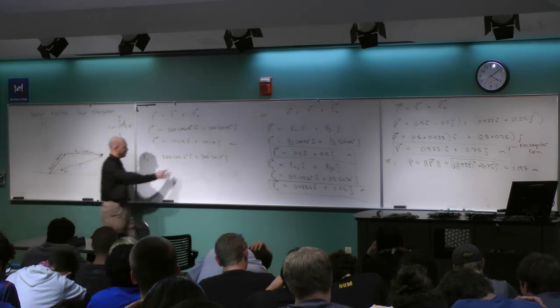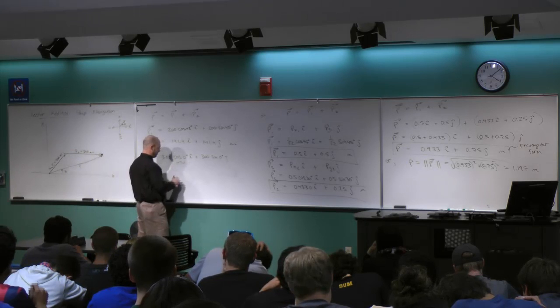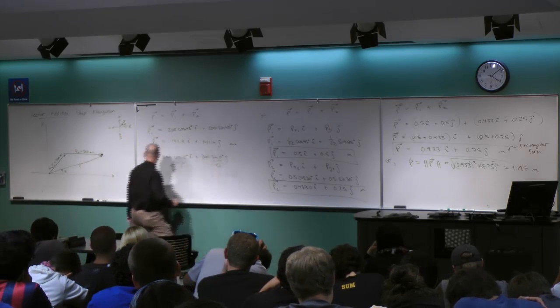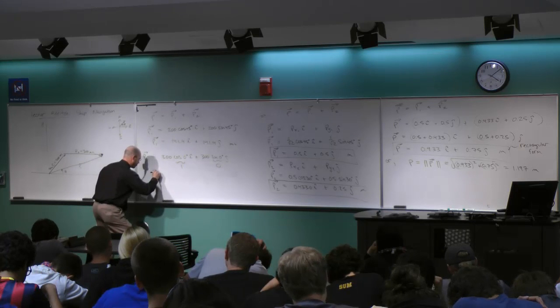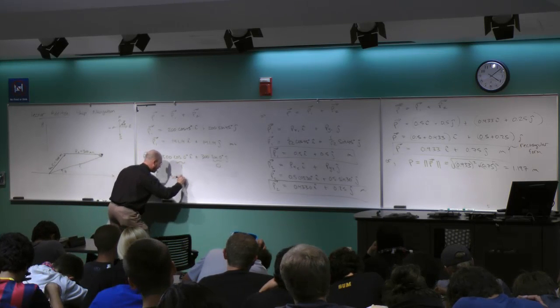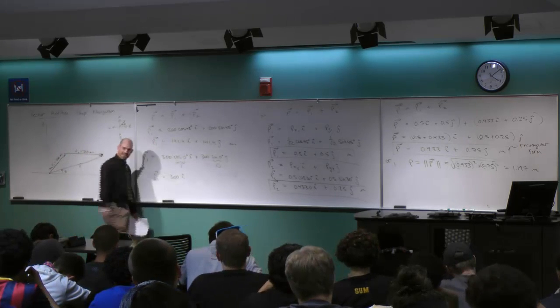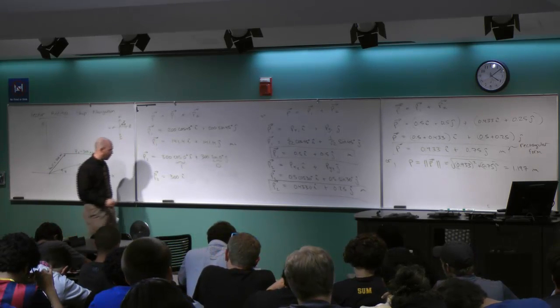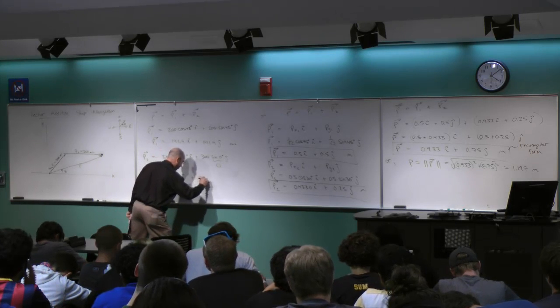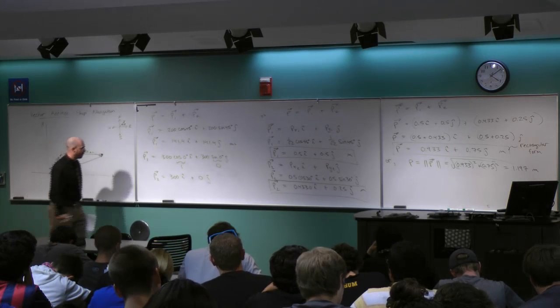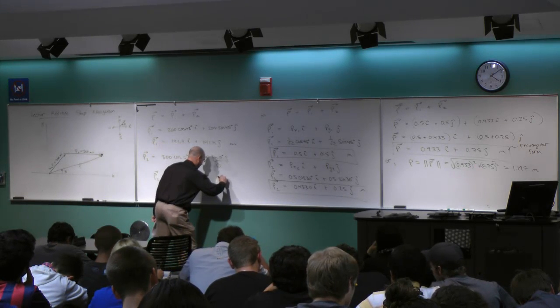Because the cosine of 0 is how much? 1, and the sine of 0 is? 0. So, just like looking at the picture, P2 is just 300i. That's it. But if you want to be really exact and think of every vector having two components, then go ahead and do plus 0j. That's perfectly acceptable. 300i plus 0j. And that's also miles.